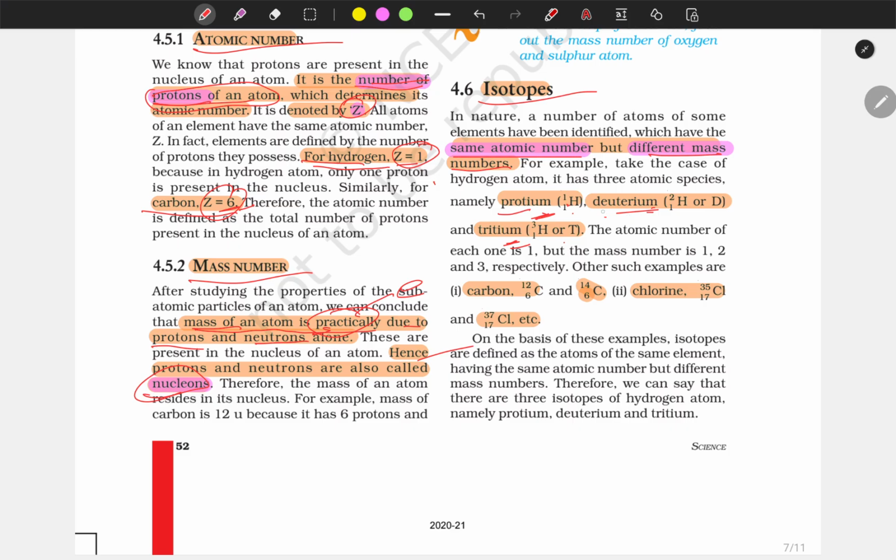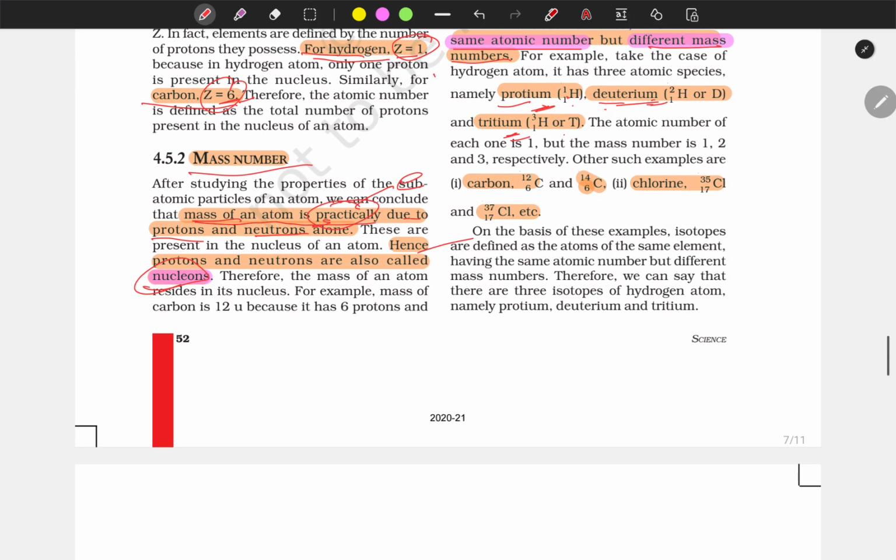Protium, deuterium, tritium. And suppose the isotopes of carbon have 6 neutrons and 8 neutrons. Chlorine also has 2 isotopes.